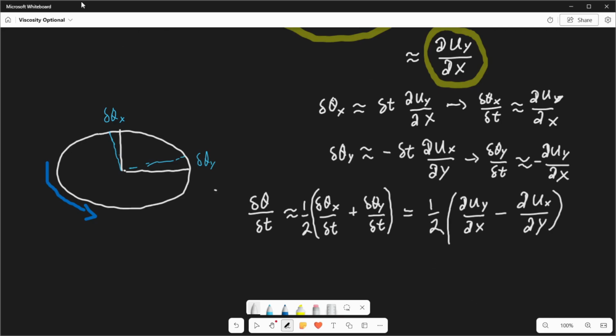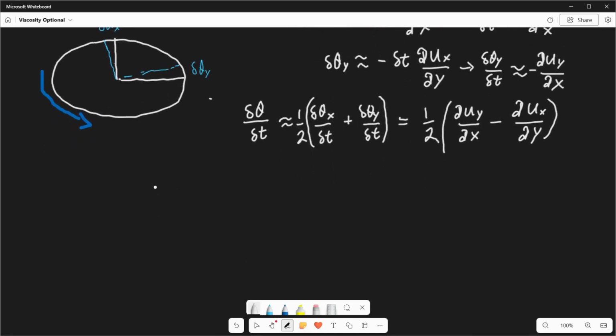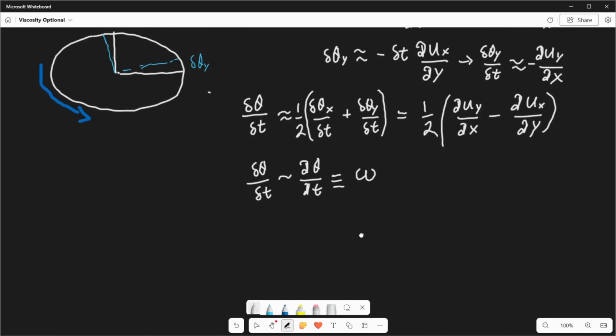So basically, I'll write this one more time, and use one more notation thing, which basically says that delta theta over delta t goes like d theta over d t. That should basically equal, symbol used for that most often is omega. That's just kind of by definition. That omega is the standard symbol for that.